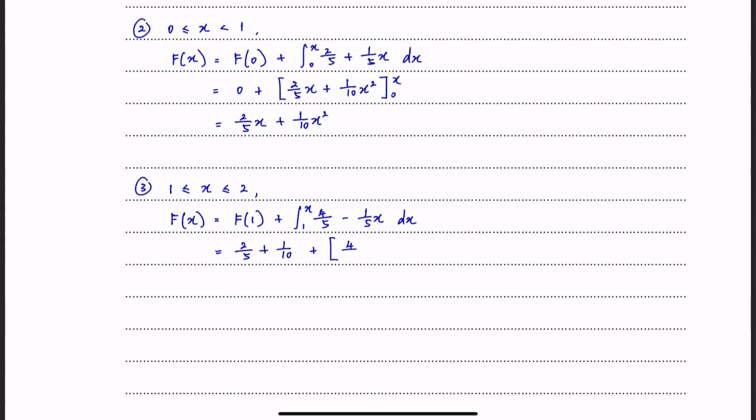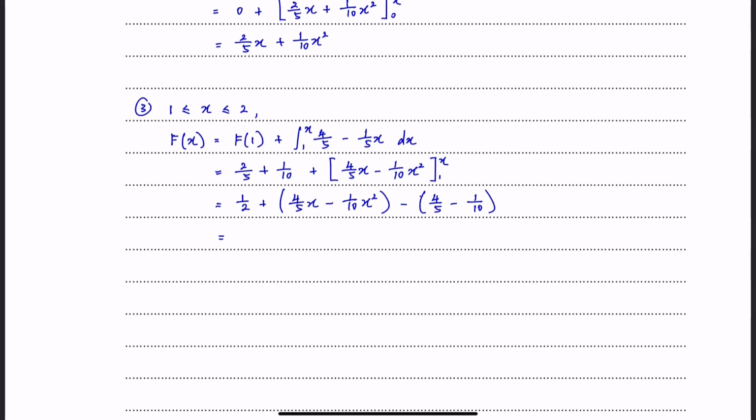And for the integration, we have 4 over 5x minus 1 over 10x squared from 1 to x. So now we have 1 over 2 plus 4 over 5x minus 1 over 10x squared minus 4 over 5 minus 1 over 10.